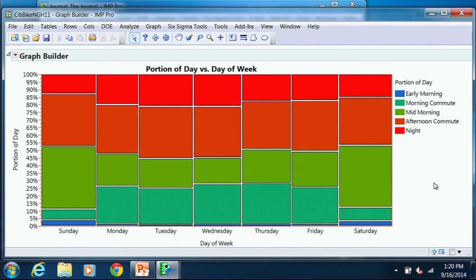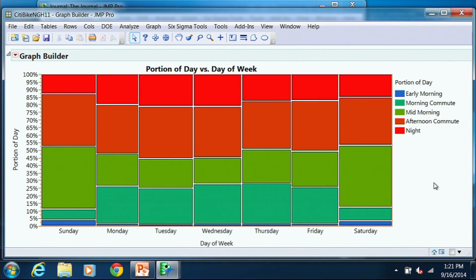Early morning is from 12 to 5. The morning commute is from 5 to 10. Mid-morning is from 10 to 3. Afternoon commute is from 3 to 7. And then 7 to 10 is night. So it's important as you break your data up, because this data is so dynamic and rich, you have to group it and put it in a manageable form.